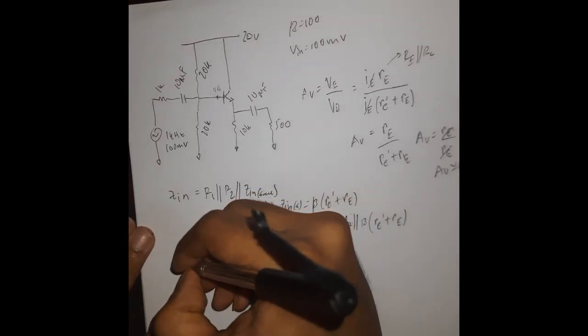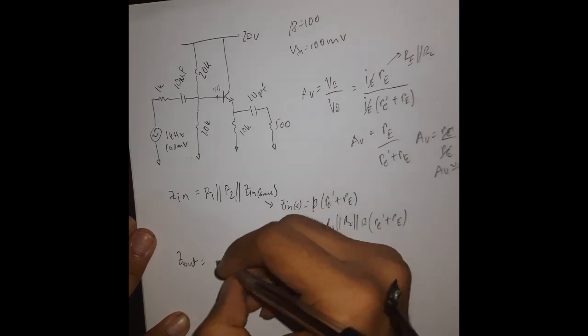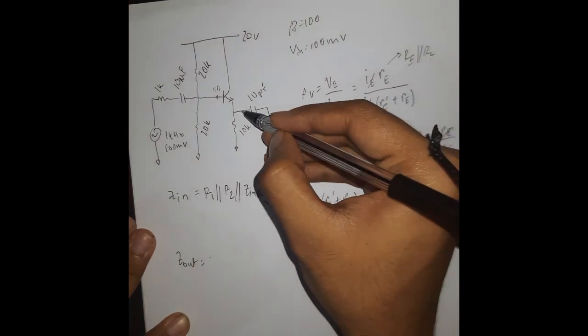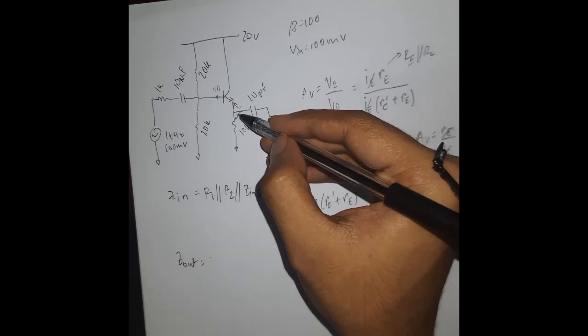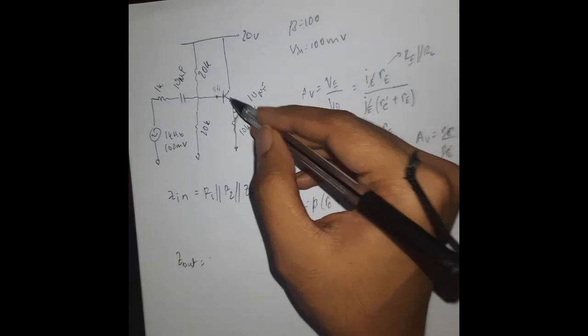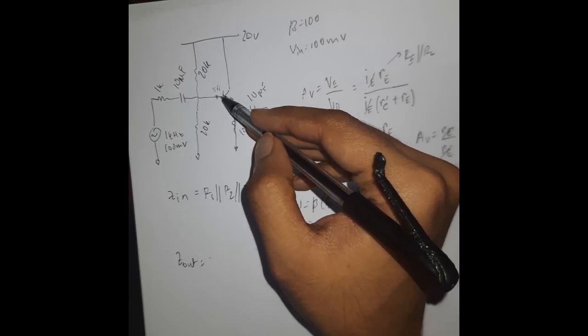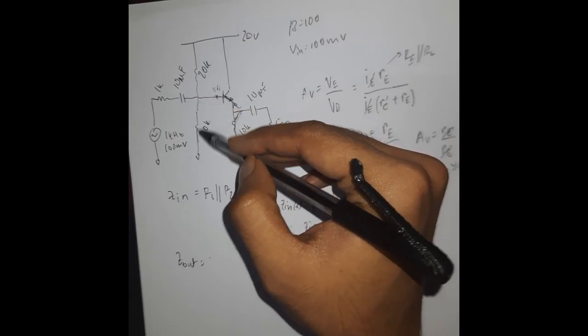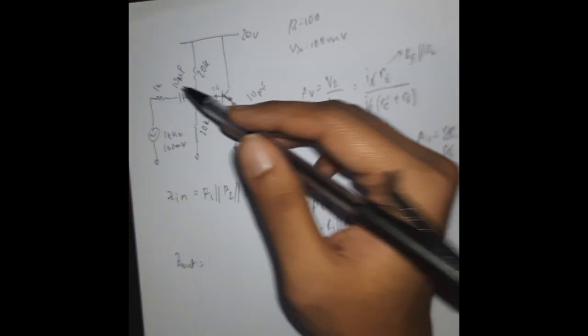Then finally the output impedance. The impedance is getting divided into two. We have RE, then on this region the AC dynamic resistance re', then we have R1, R2, and the generator resistance, the internal resistance.